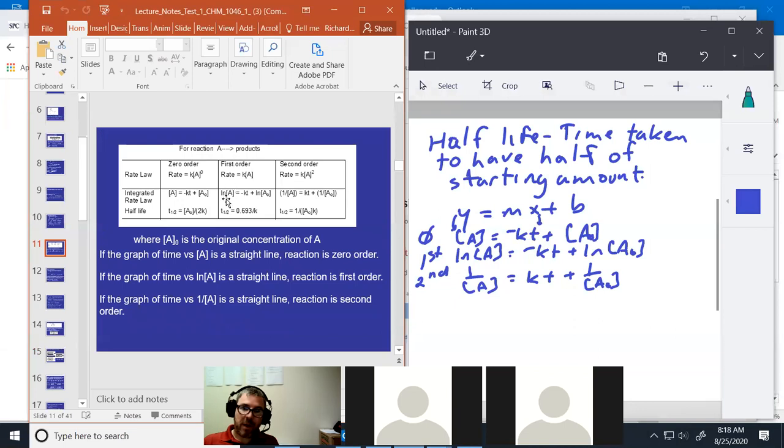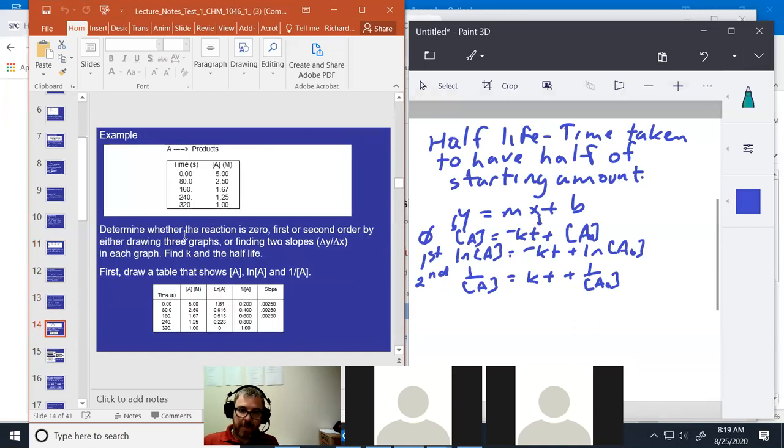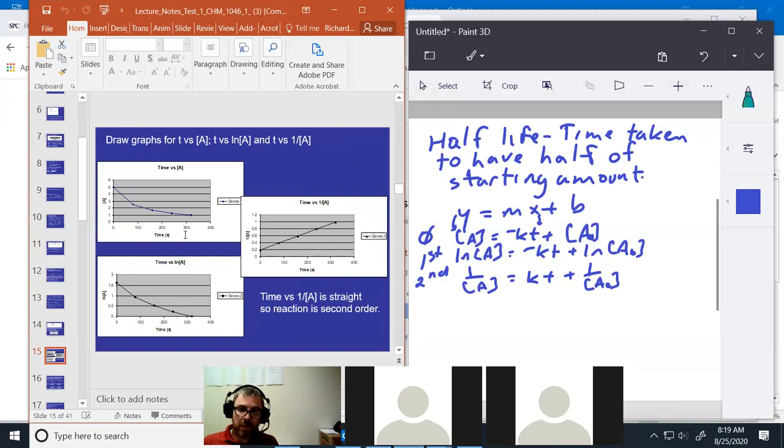First order, Y is log of A. And for second order, Y is 1 over A. So whichever one happens to be a straight line, that's what links them together. And I've got it over here too, 0, first and second, what the Y values are on each of them. Whichever one happens to be a straight line, that's the one that ends up being the order. And that's how you can determine it. Does anybody have any questions?